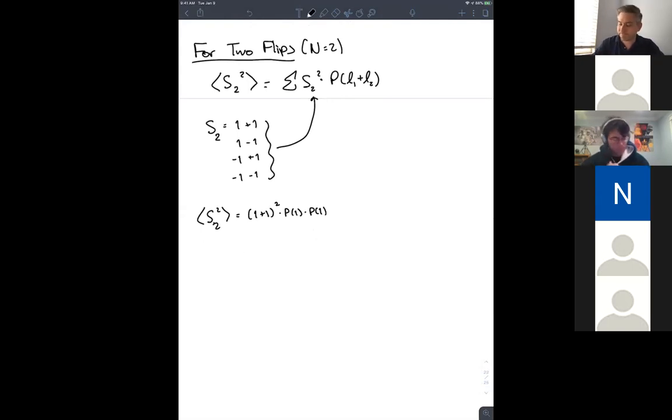Piece cake. All right, next one. So that's a positive step and a negative step: P of 1, P of minus 1. Plus a negative step plus a positive step: P of negative 1, P of 1. And then 2 negative ones. Oh, and of course, we have to square all these.